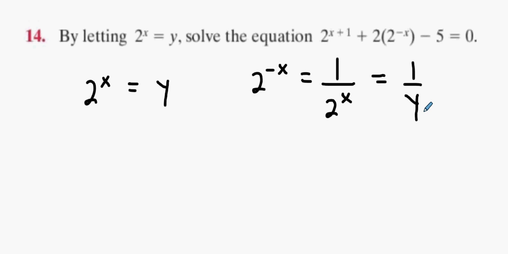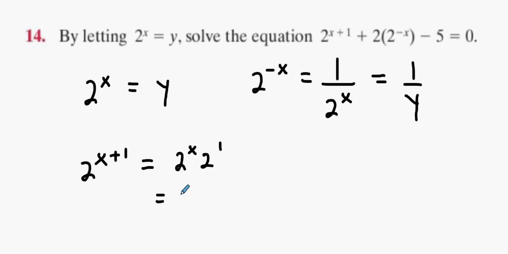Right. Next thing. 2 to the power of x equals... Oh, sorry. We'll do it this way. Everybody see 2 to the power of x plus 1? What can I break that up into? 2 to the power of x by 2 to the power of 1. Does that make sense?